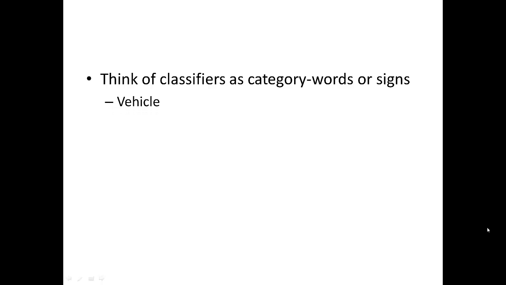For example, a vehicle can be anything: a front loader, a car, a bus. If you're talking about a car, which is another category, it can be a Maserati, a hybrid, or a sedan.